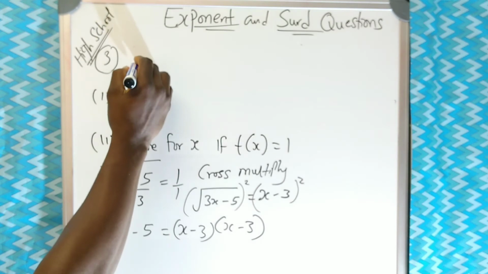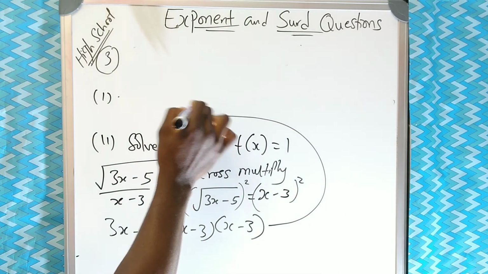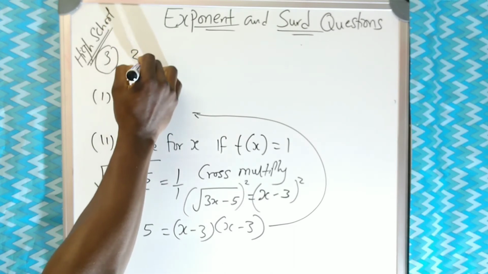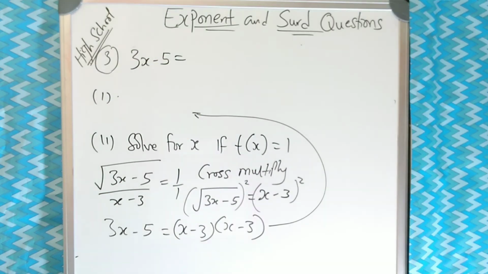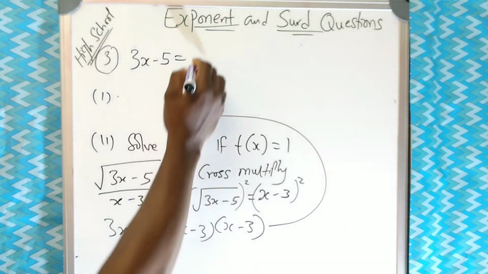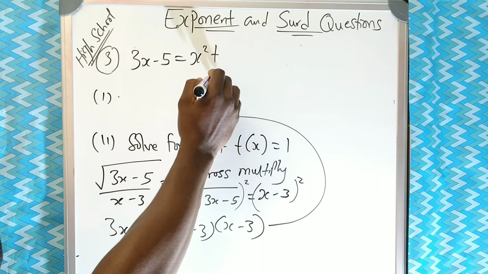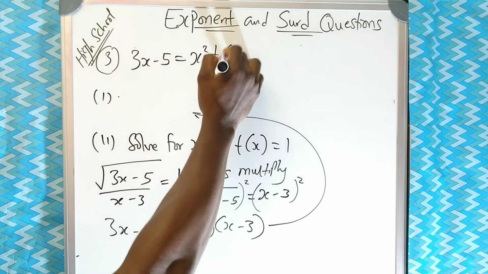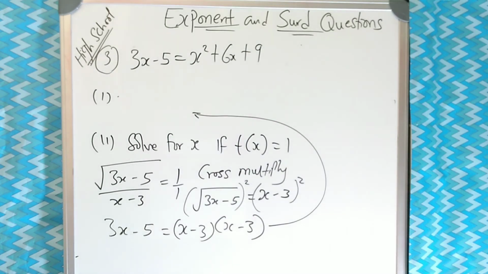So definitely we're still going to have 3x minus 5. Then when we expand that bracket, it's going to become x squared minus 6x plus 9. Then we can collect the like terms. We can bring all of them together.